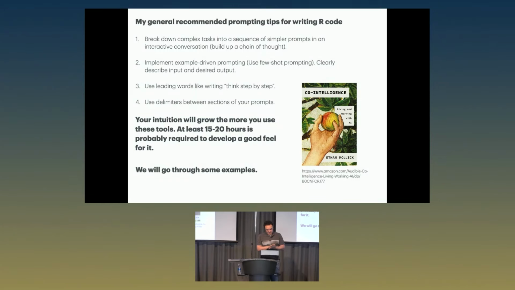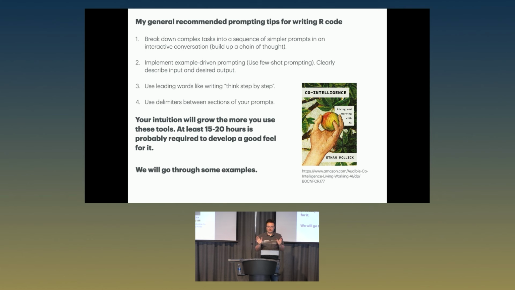Cool. Okay, everybody good to go for the next part? Okay, so here are my top prompting tips for writing code with language models. I'm going to go through these one by one, but the best thing I would advise is to use the models for the task you're trying to accomplish.